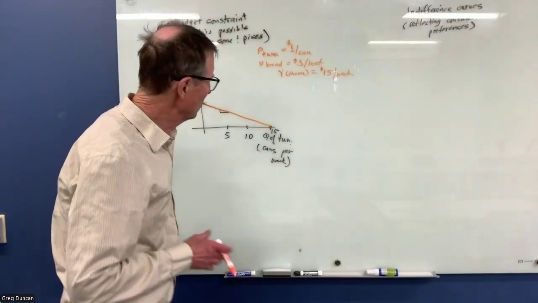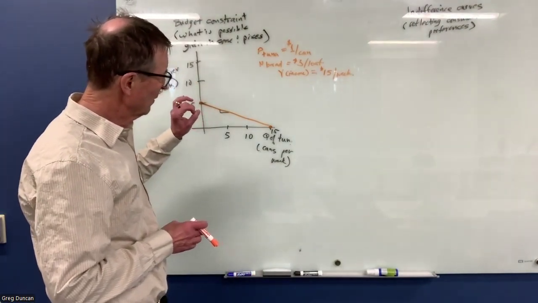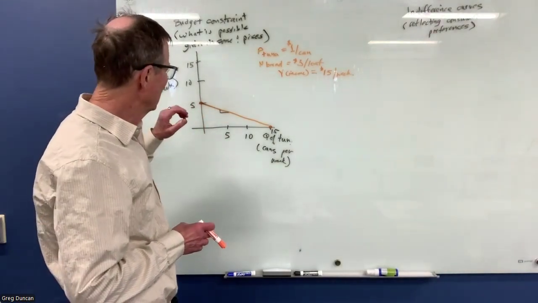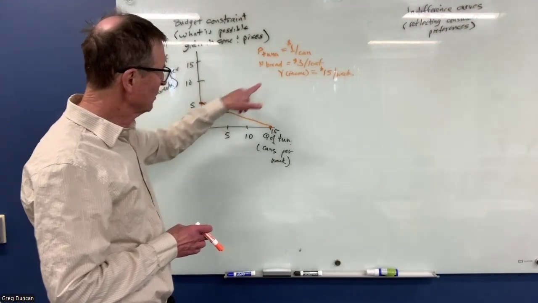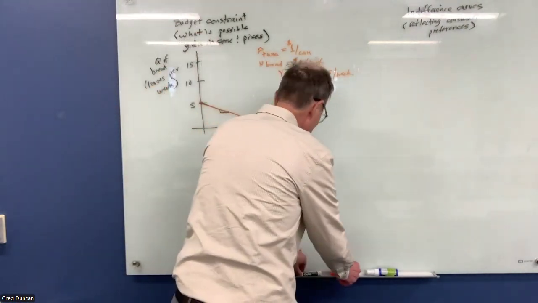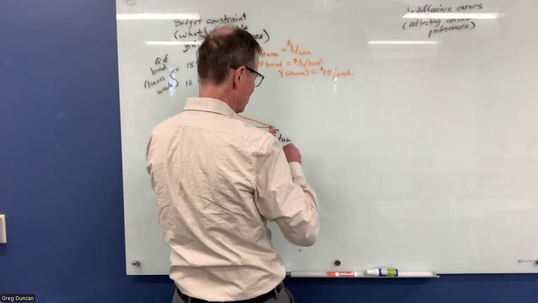Okay, so I've cleared off the board and want to talk now about how changes in income and prices affect the budget constraint. This is the existing budget constraint. Suppose we have the price of tuna going to $3, just like bread.